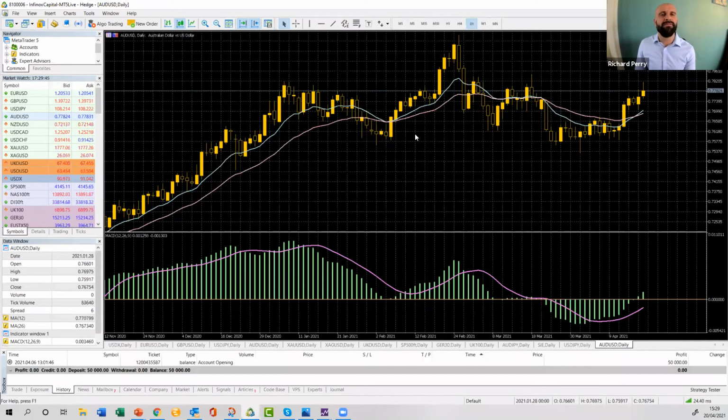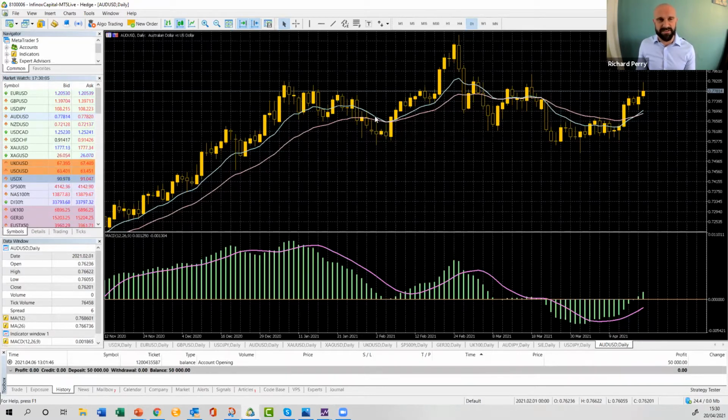When markets go into a ranging phase, if you're looking at moving average convergence divergence, you'll see a lot of false signals, and you'll see that these moving averages start to cross over quite a lot. And you got that, I think, on this chart basically since February.